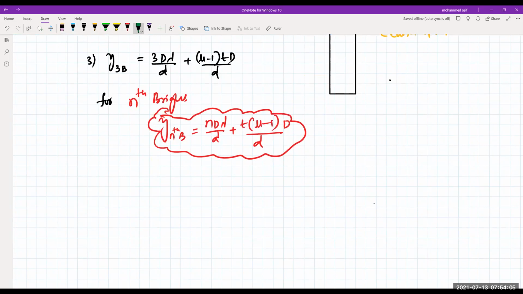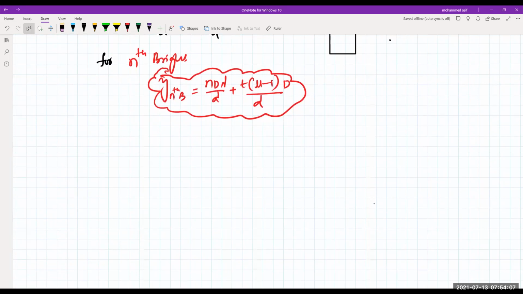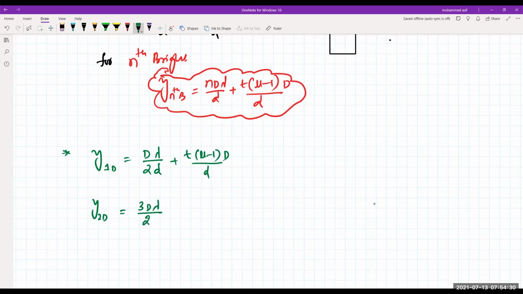Next one. If I'm talking about the dark, again the same relation: the shift y of the first dark will be equal to D into lambda divided by 2d plus the shift, that is t into (mu minus 1) into D divided by small d. The same way, the second dark is at 3D lambda divided by 2d plus t into (mu minus 1) into capital D divided by small d.